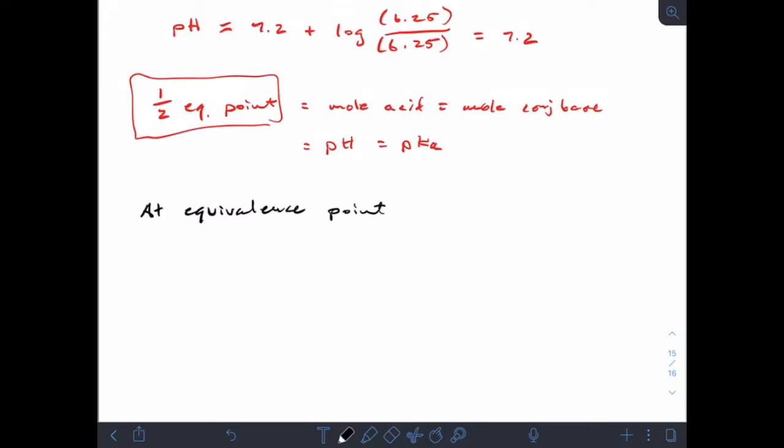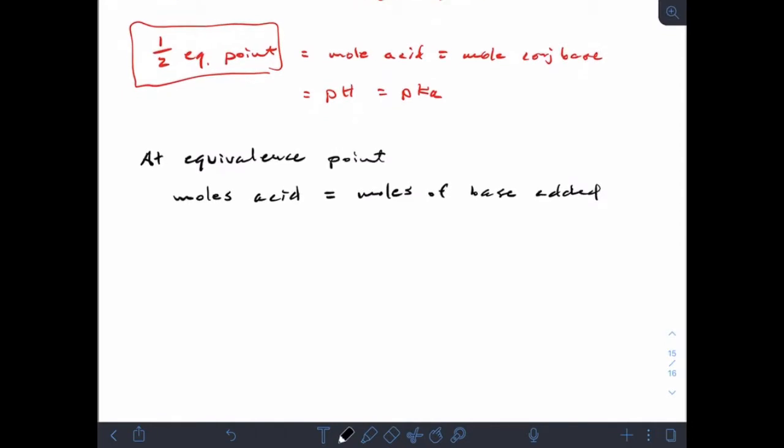Okay, so at the equivalence point, moles of acid equal moles of base added. Okay, so I've got 12.5 millimoles of acid, so at 12.5 millimoles of base added, that's going to be at 25 milliliters.